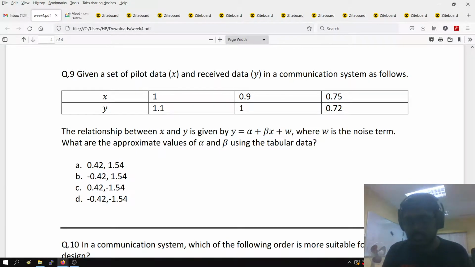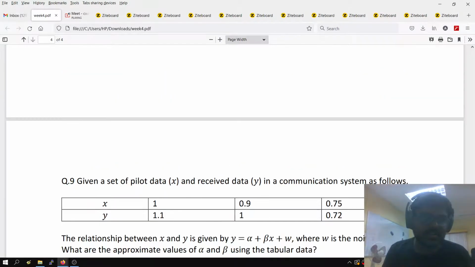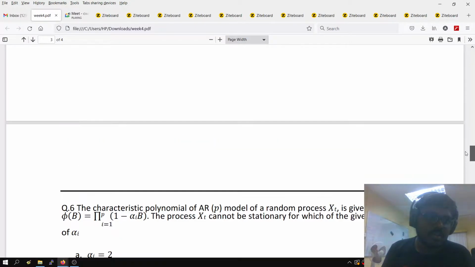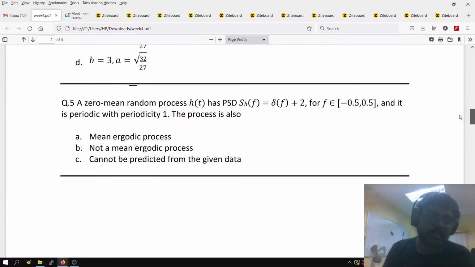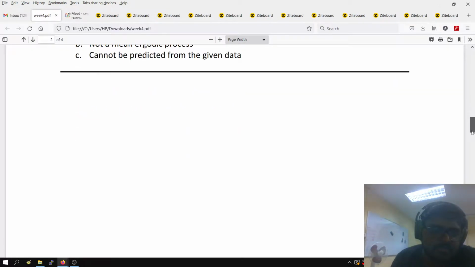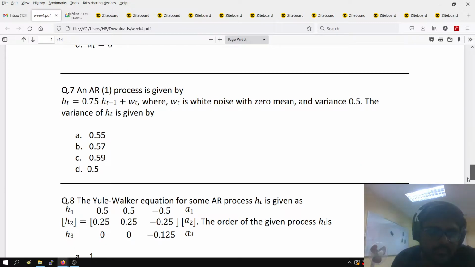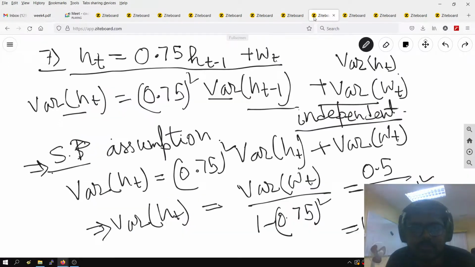Okay, fifth question, right? Have you solved that fifth question? Seventh question. Let me go to the seventh question first. Okay. The seventh question is written here somewhere. So, where is the problem?